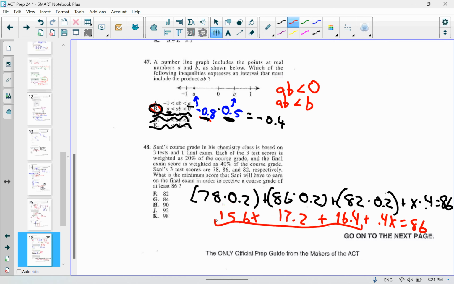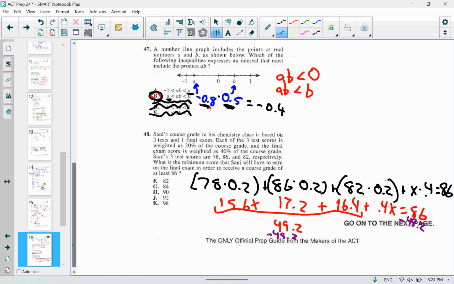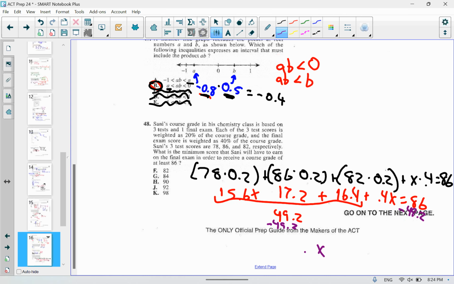These numbers all add up to 49.2, which means I can subtract 49.2 from both sides. So I end up with 0.4x has to equal 36.8, which means divide by 0.4, divide by 0.4. X has to equal 92. He's going to need a 92 on his next exam.